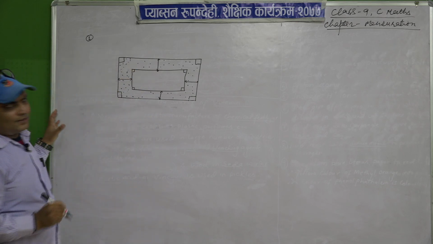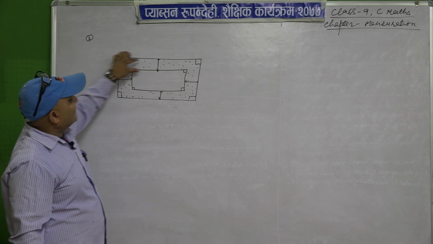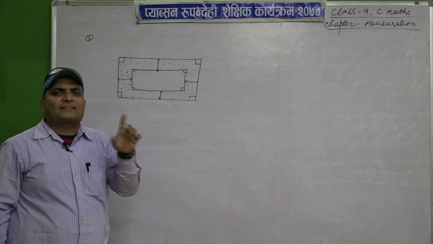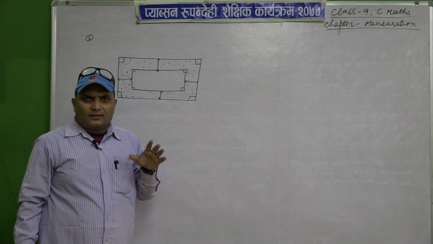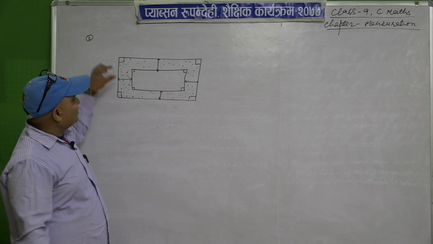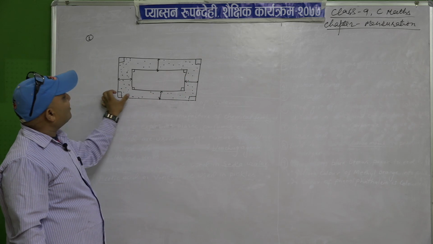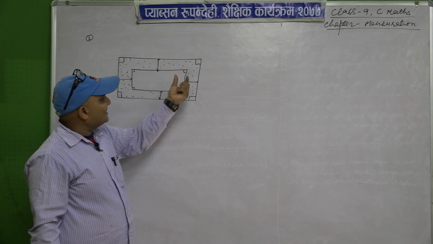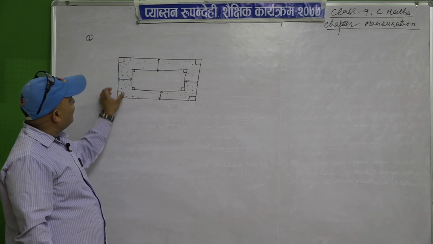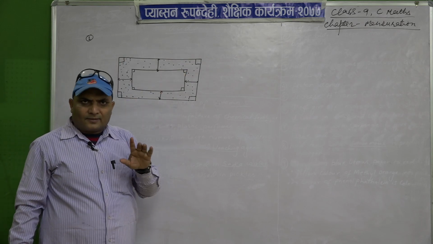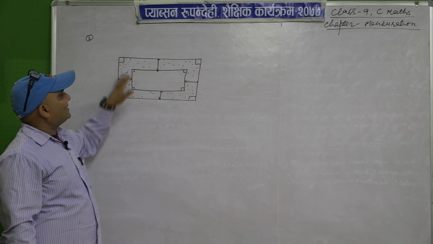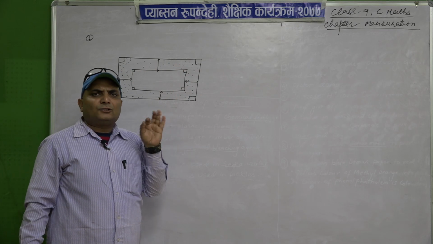But today we say this shaded region is a path, way, road. Today, suppose this shaded region is the uniform path. This shaded region is a uniform path. We say ahead this is a uniform path.